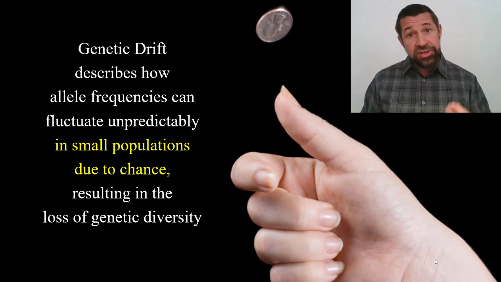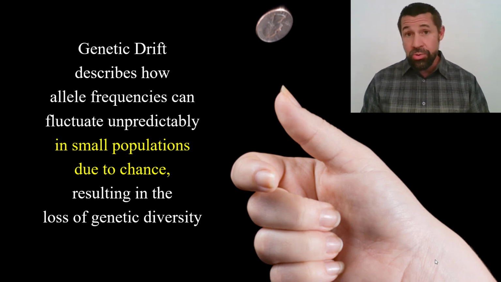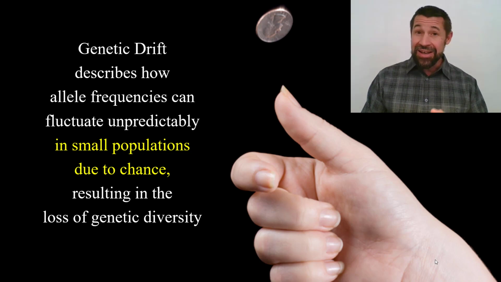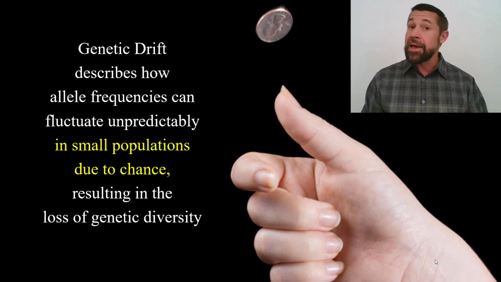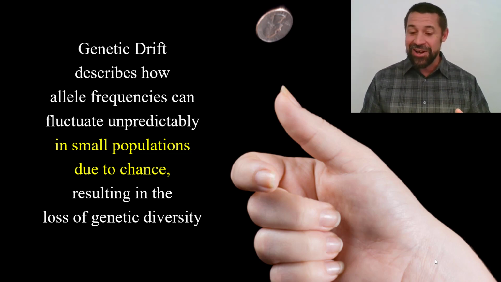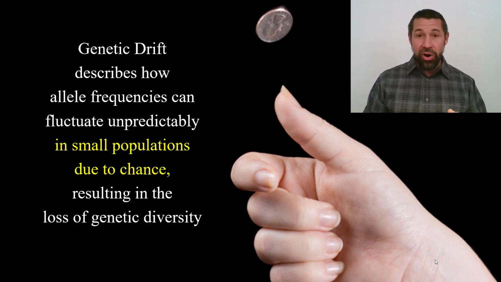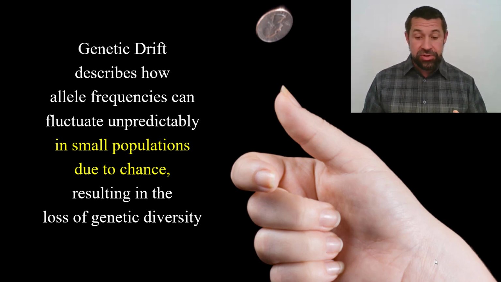Now, imagine I take that same coin and I flip that coin 10,000 times. If I got 7,000 heads and 3,000 tails, you would claim, and rightly so, that that is a biased coin. When sample sizes or population sizes get large, we approximate expected outcomes.